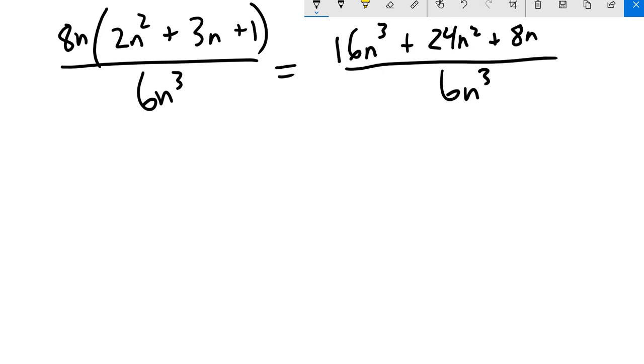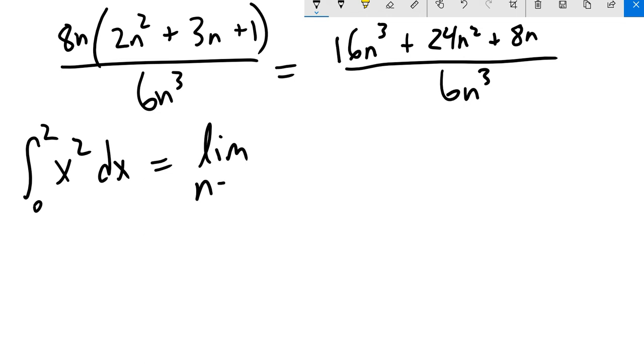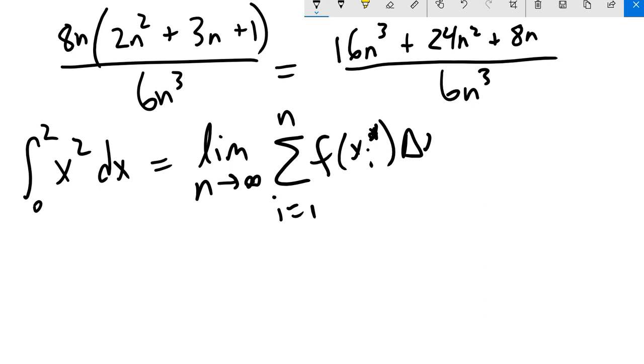All right, so we're taking a definite integral from 0 to 2 of x squared dx. That was our original goal. What did I tell you the definition of that is? Well, it was the limit as n goes to infinity of the summation from i equals 1 to n of f of x_i star times change in x.